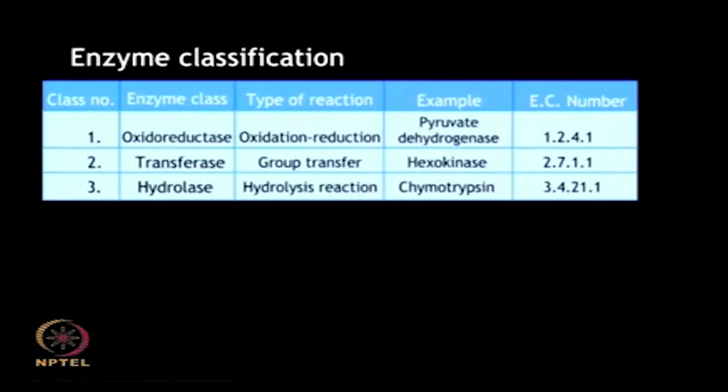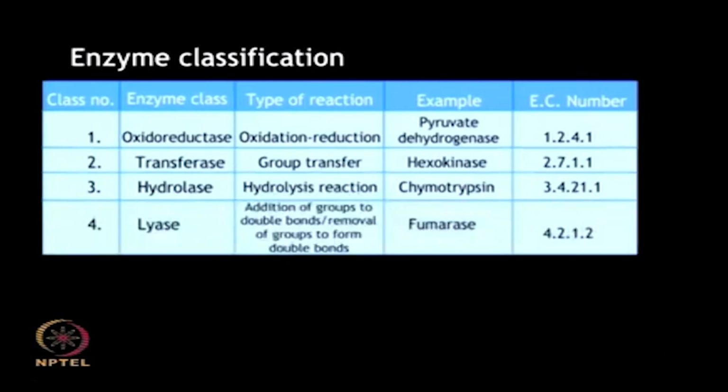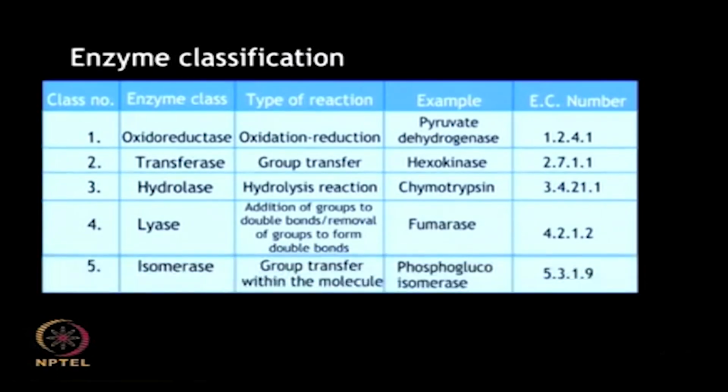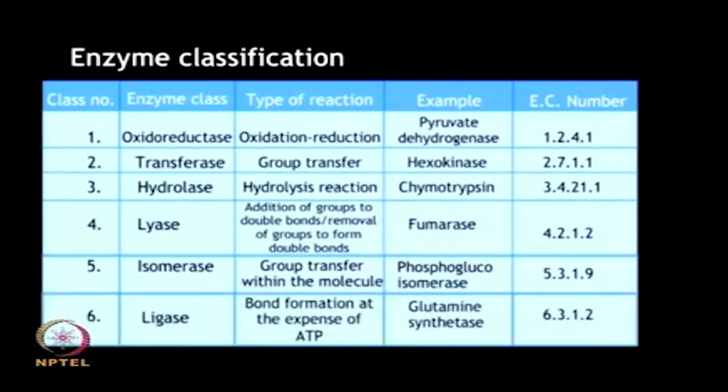Classification by international organizations has therefore led to 6 enzyme classes with many subgroups within each class, depending upon the type of reactions they are catalyzing. Every enzyme has a unique 4-part classification number known as the enzyme commission number or EC number, in which the subclass number gives finer detail about that particular enzyme reaction.